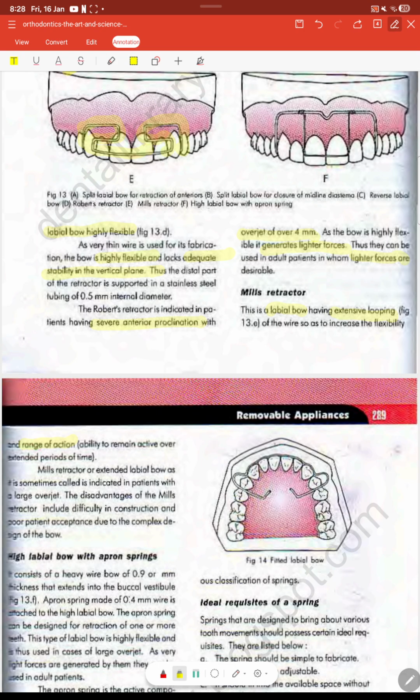Mills retractors, or extended labial bows as they are sometimes called, are indicated in patients with large overjet. The disadvantages include difficulty in construction and poor patient acceptance, because of the complex design of the bow. Patients get scared, oh my god, what is this? So that's why they are a bit hesitant with Mills retractors.